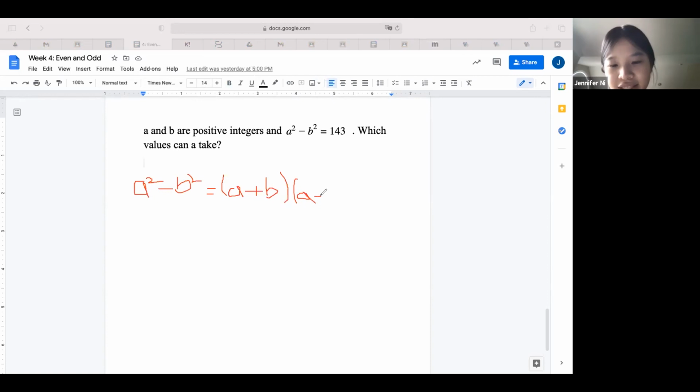And you could see that by FOIL when you use the distributive property and so on. And we're given that that will equal to 143.